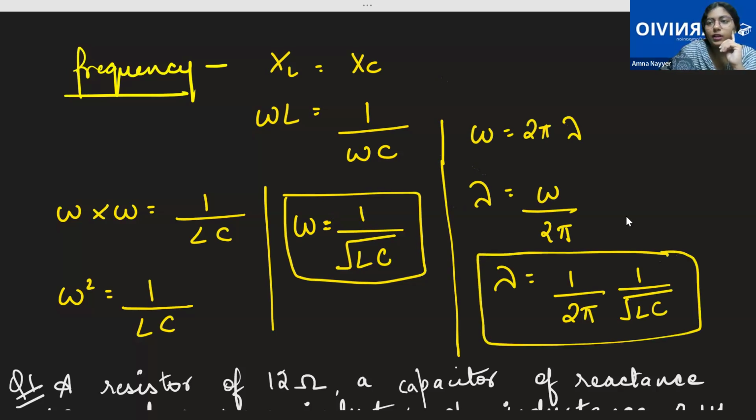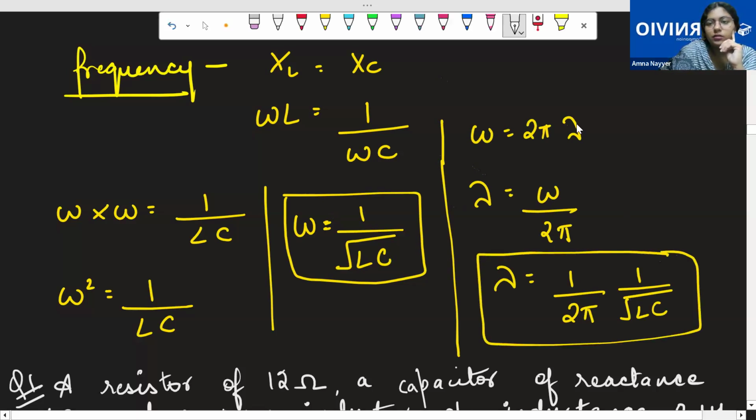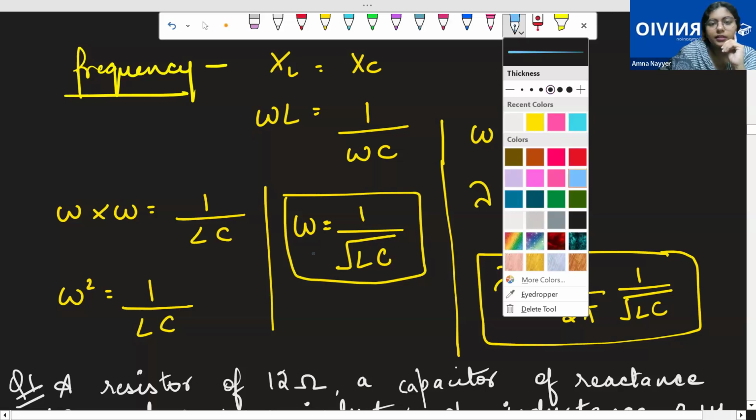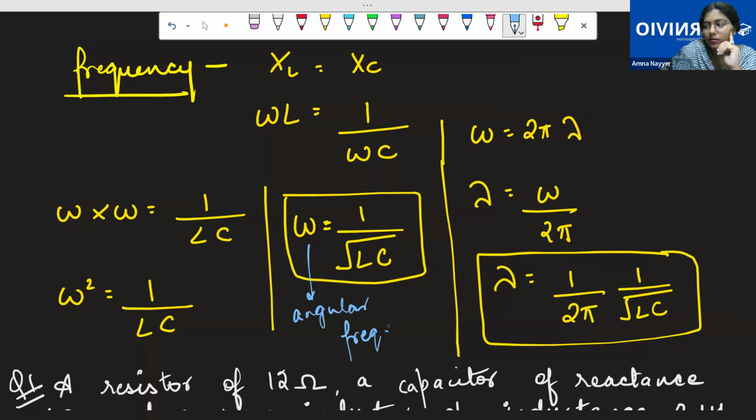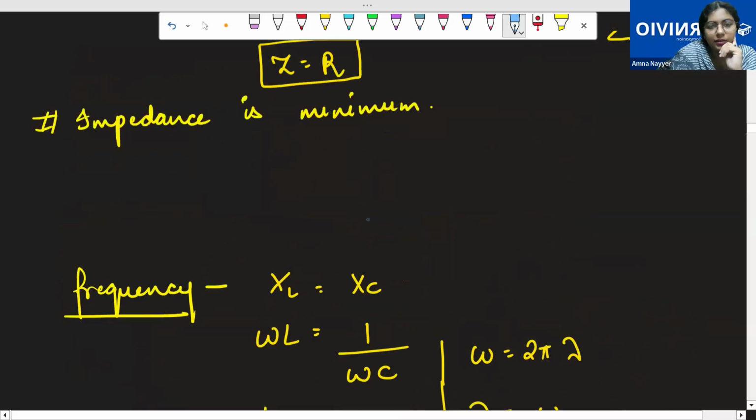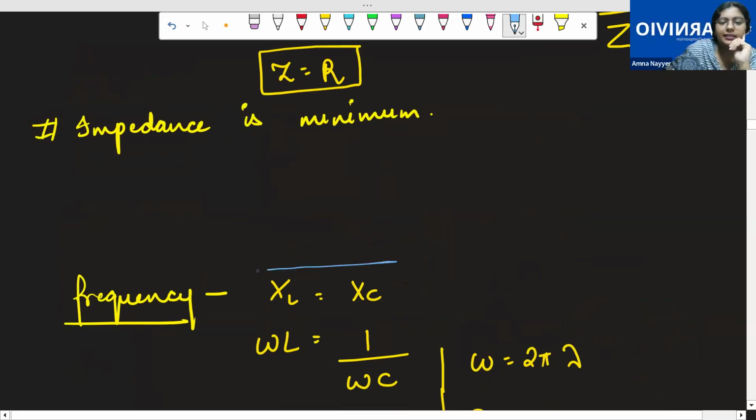So this is the whole formula. This one is the angular frequency, while this is the linear frequency. Basically, you have to remember that XL's value is equal to XC.